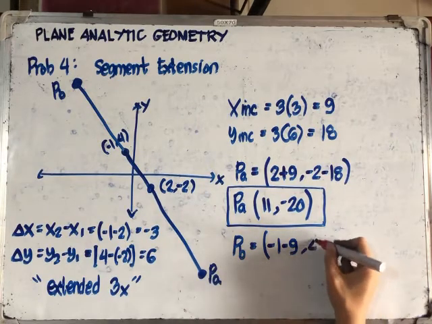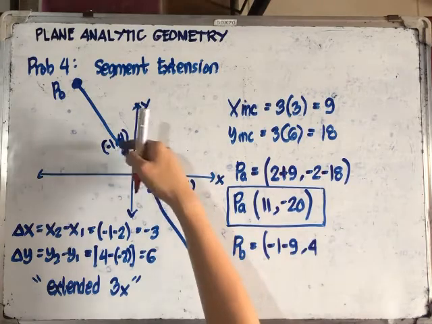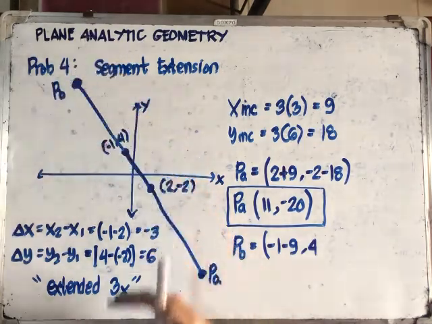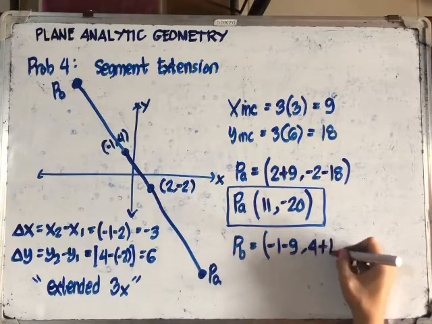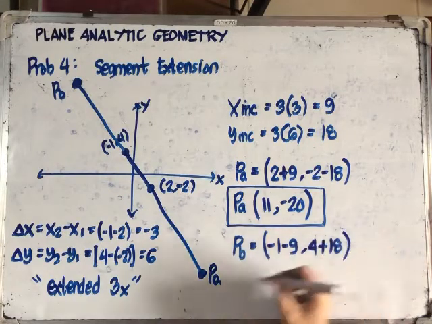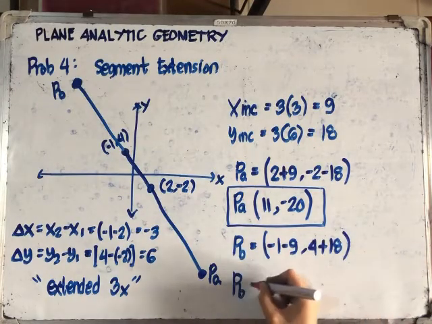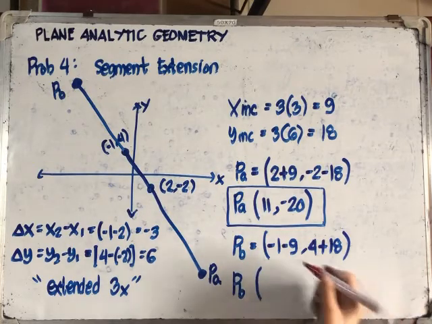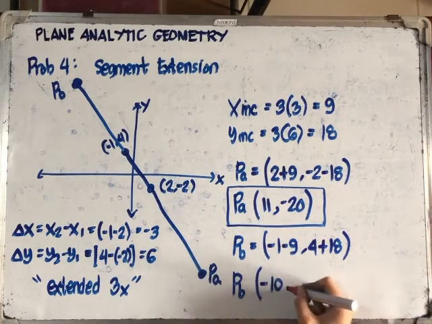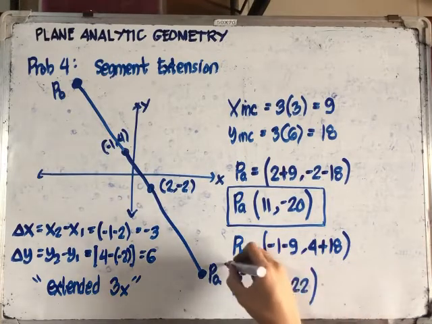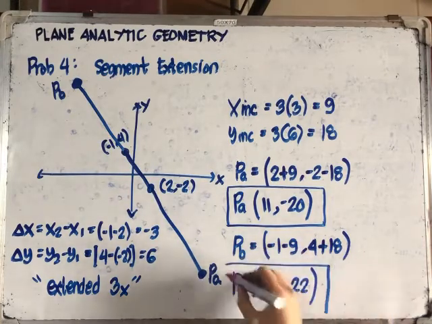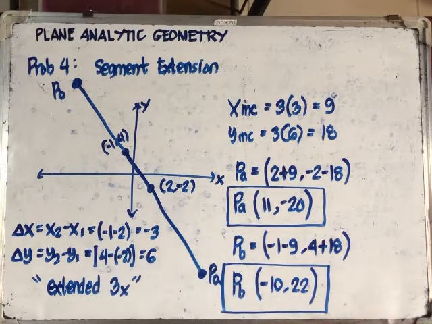And we have positive 4 and going up from this position through the y-axis, going up tayo. So that's a positive 18. So that PB has this coordinate negative 10, 22. Yan. So that's how you do segment extension and division.